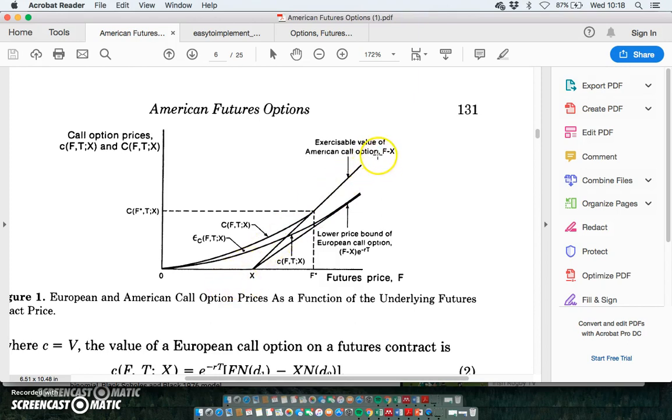So this is actually the maximum of f minus x or 0. Likewise here, the maximum of f minus x e to the negative rt or 0.